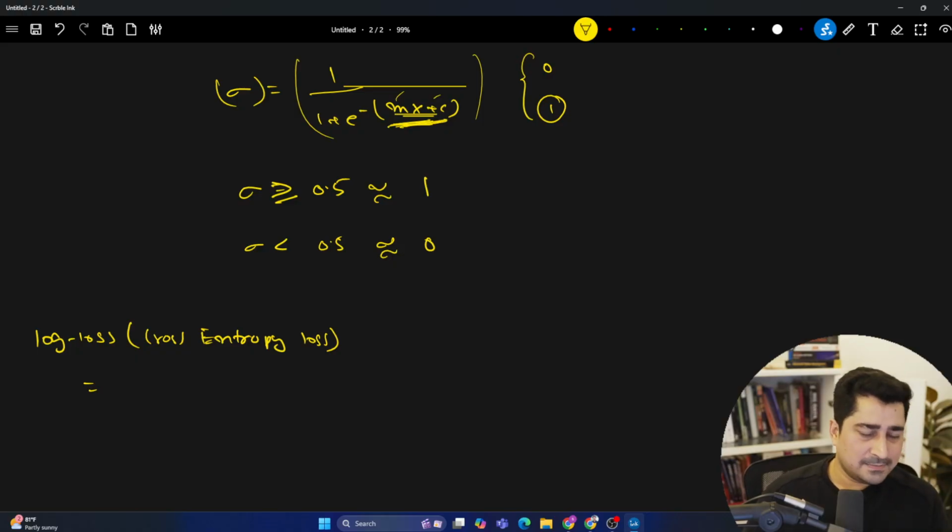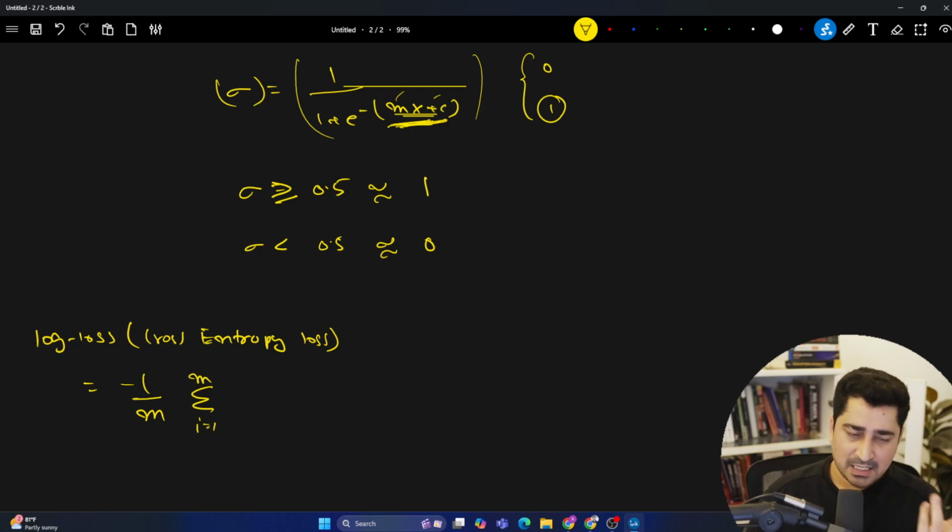Like I said, in the case of linear regression we were talking about mean squared error. Now here we are talking about the log loss, or the cross-entropy loss, a difference between the expected and the predicted one. This loss function says that it is going to be minus 1 by m, summation of i equals 1 till m.